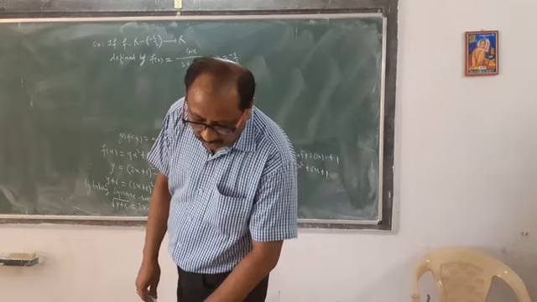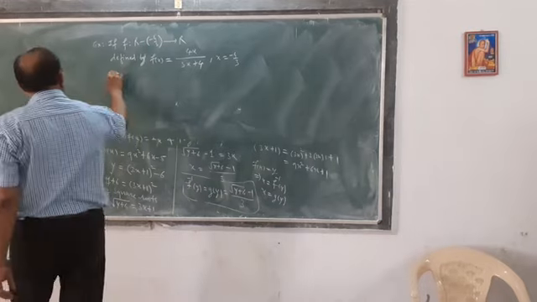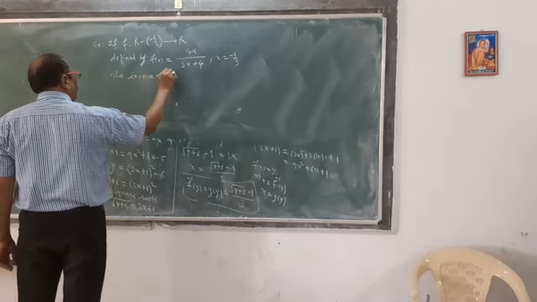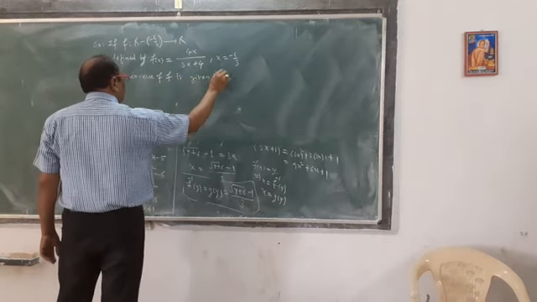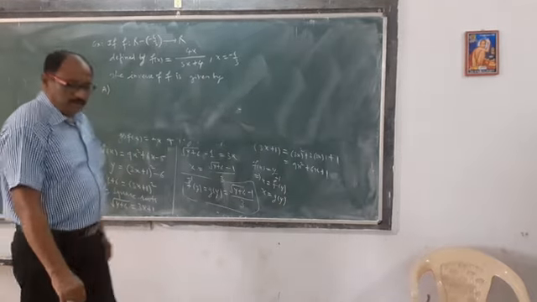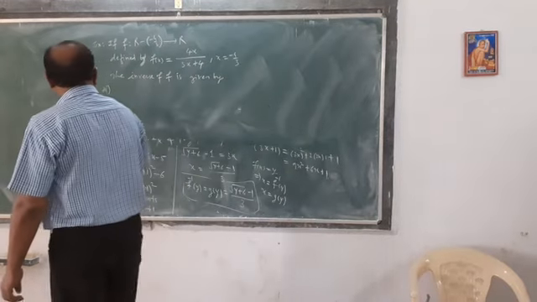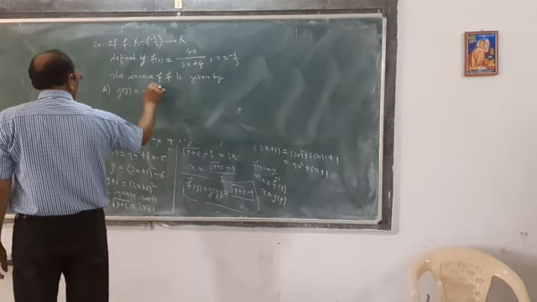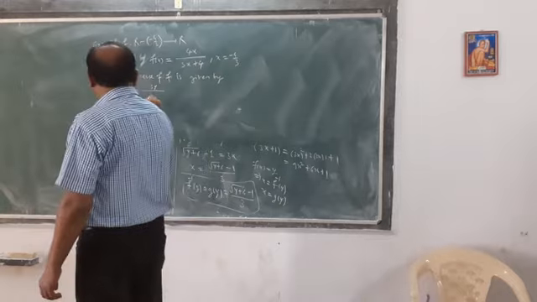the inverse of f is given by: first option, g of y equal to 3y upon 3 minus 4y.